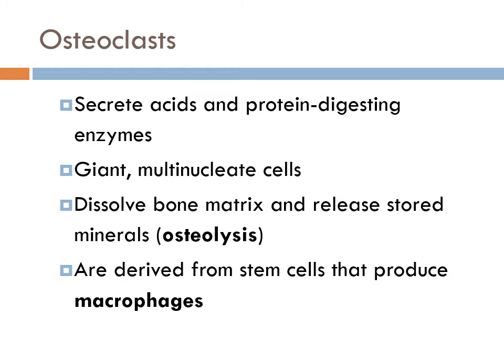So the breaking down of bone is termed osteolysis. Lysis is to break. So osteolysis is the breakdown of bone, and that is what osteoclasts do. Osteoclasts are derived from stem cells that produce macrophages, so they are different than osteoblasts and osteocytes, which differentiate from osteoprogenitor cells.